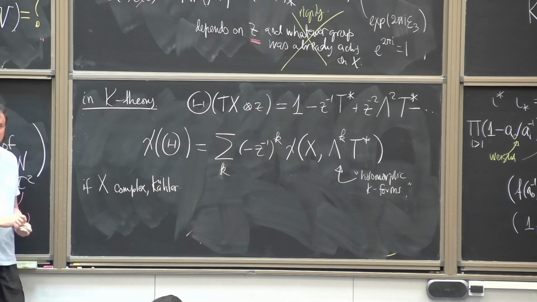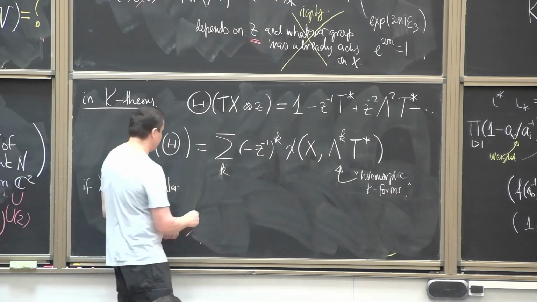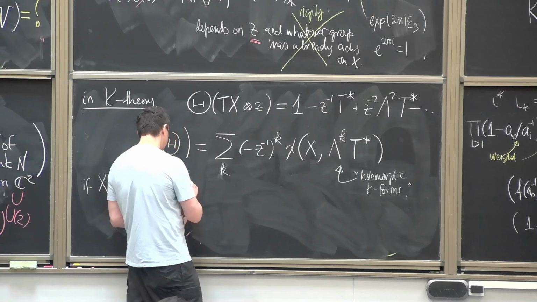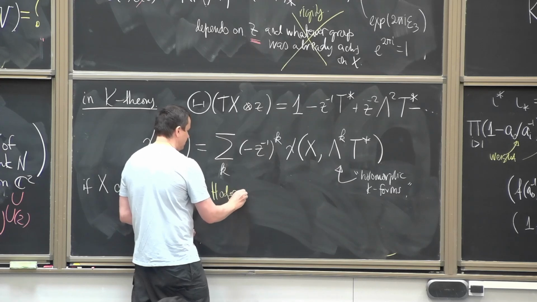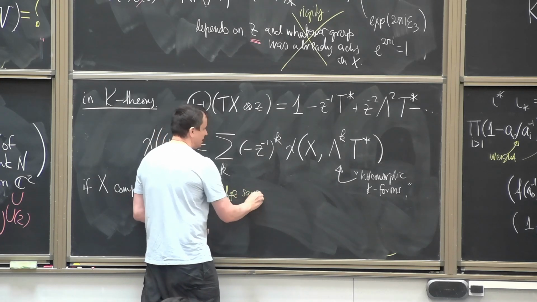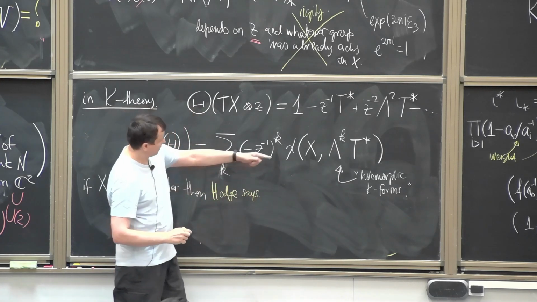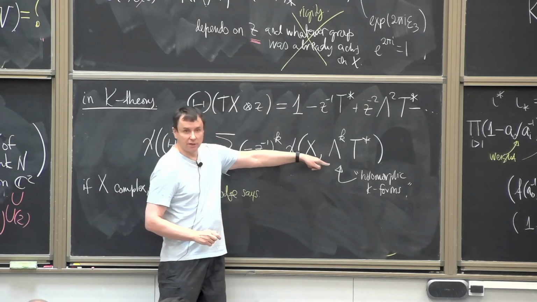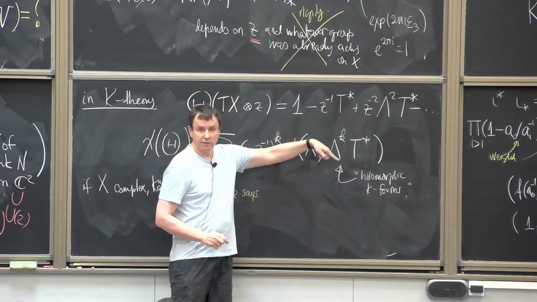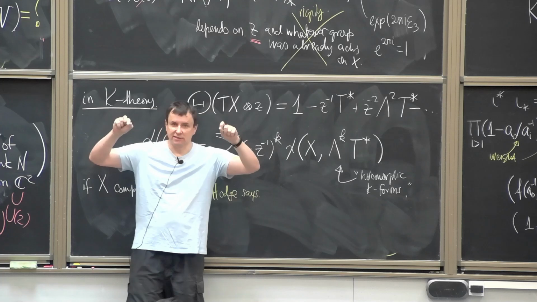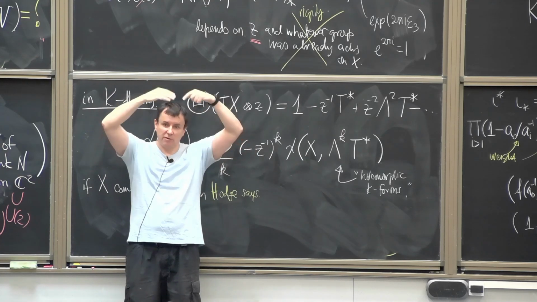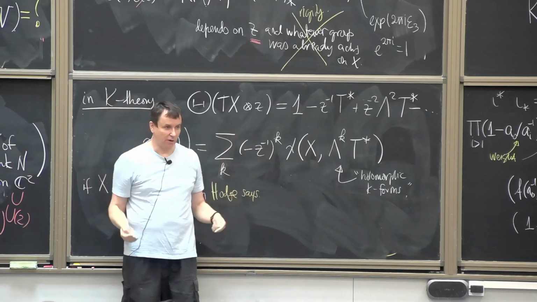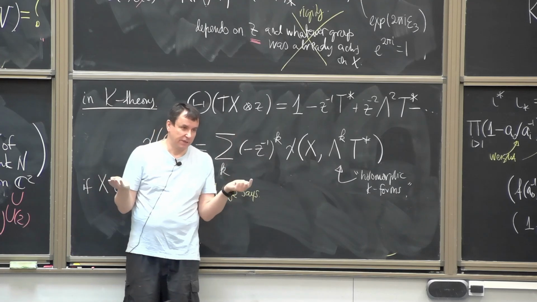if X is a complex Kähler manifold, then by Hodge theory, so what does the Hodge theorem say? That on a Kähler manifold, I can compute topological cohomology from the cohomology of holomorphic k-forms, right?